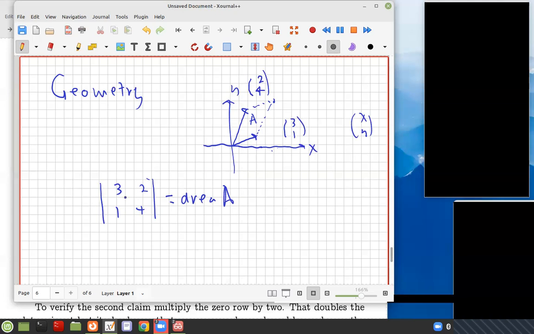Now there's 2 things going on here. If I was to do it in the other order, if I was to do 2, 4 and 3, 1, I get a negative. That's going to change the sign of the determinant. So it'll be the same area, but it'll be a minus sign. Well, that corresponds to what's called a right-hand rule.